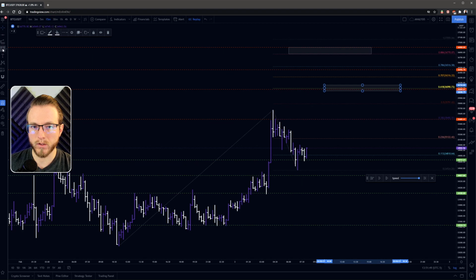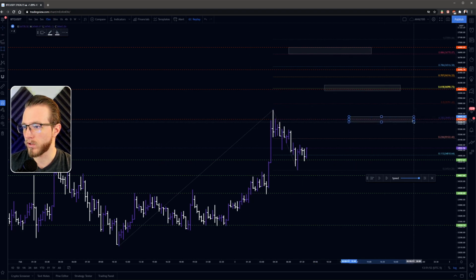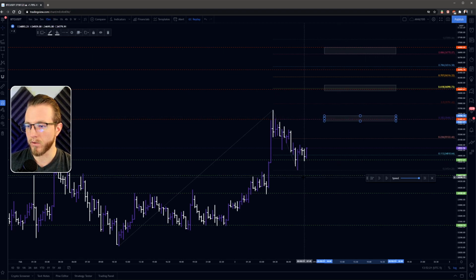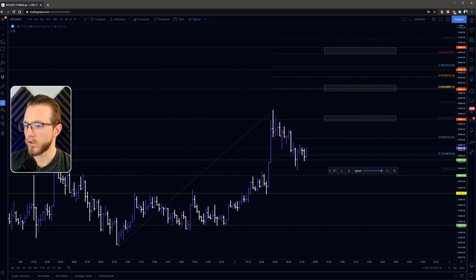That's solid resistance. That would be a nice take profit. And then you've got this zone here, obviously, which is your 382, which could also potentially be a take profit zone. So this would probably be another ladder, and then maybe one down here, and then your stop would probably be below this, right? That would be a stop, okay?